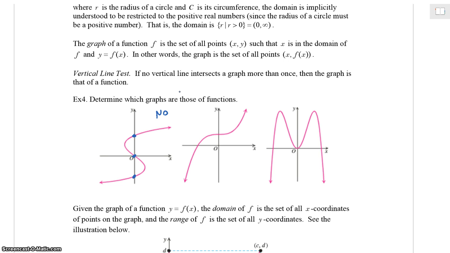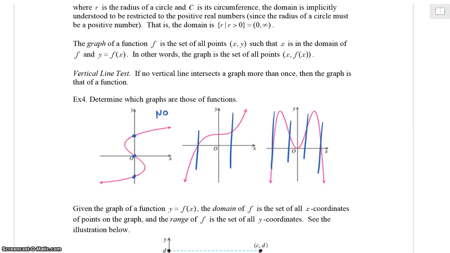The other 2 graphs, however, do pass the vertical line test. Any vertical line that we draw through the graph should intersect the graph at one and only one point, meaning that for those values of x, there's one and only one y value associated with each of them. Now the graphs may get rather steep, but they never go vertical themselves.